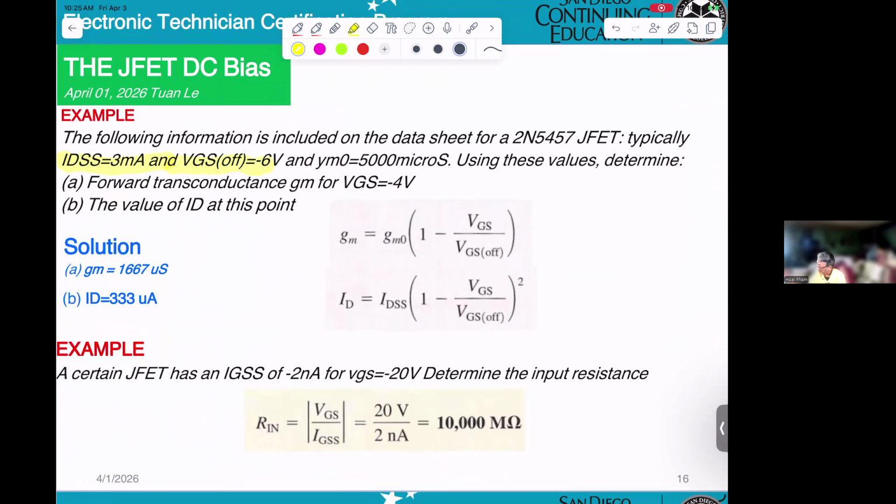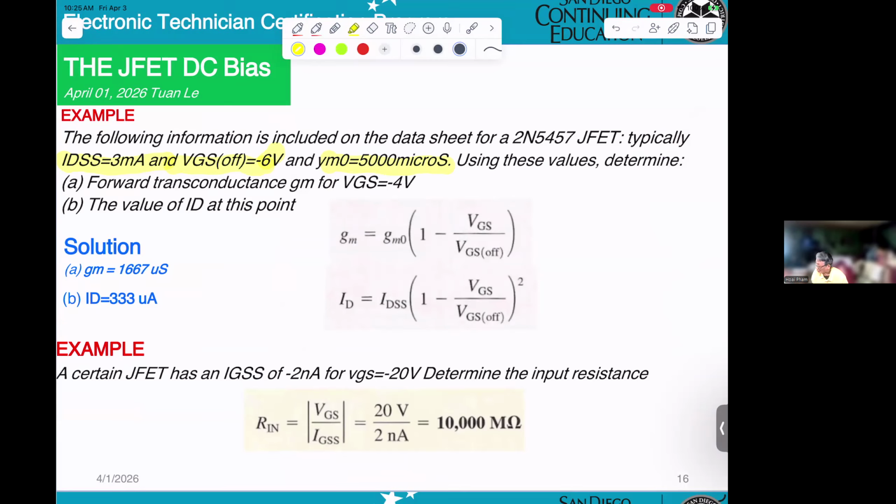That's what they give you, and also gm0. Using these values, determine the forward transfer conductance gm for VGS equal -4.